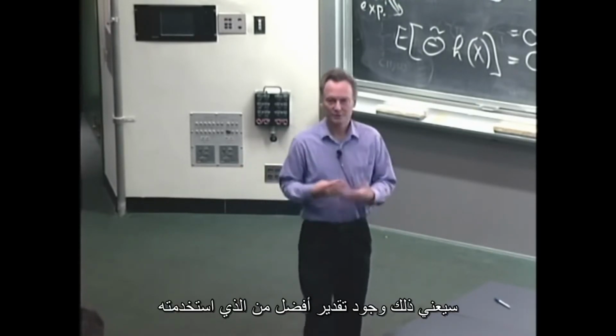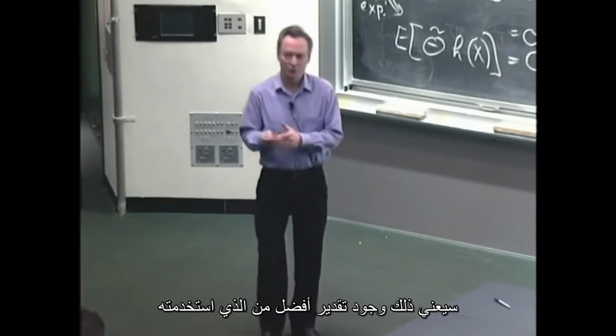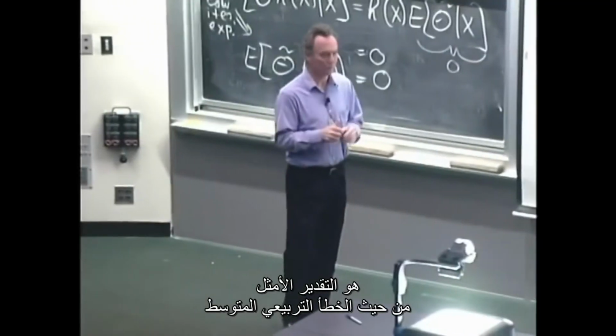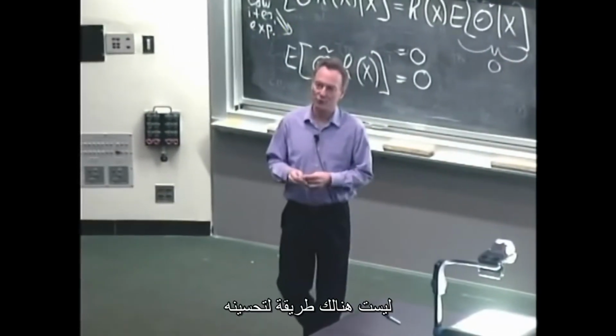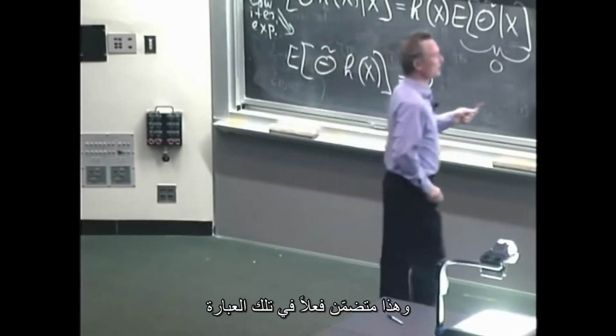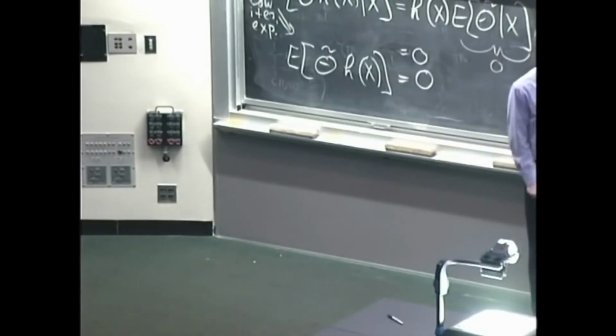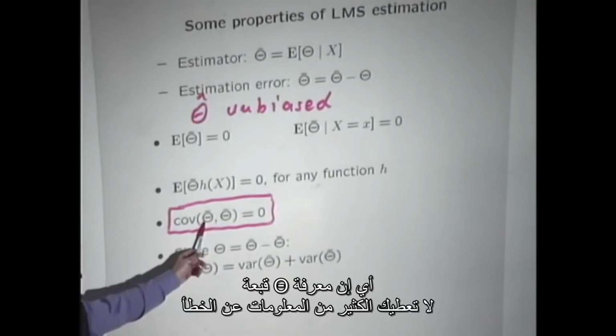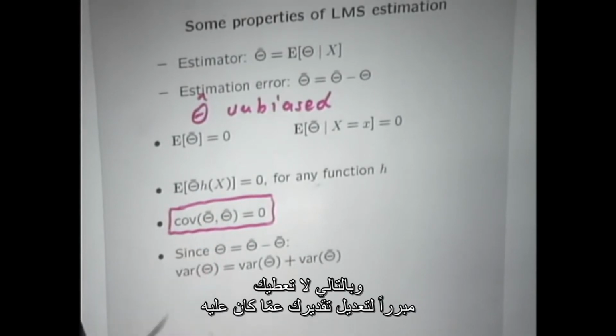That would mean that there's a better estimate than the one you used, but the estimate that we are using here is the optimal one in terms of mean squared error. There's no way of improving it, and this is really captured in that statement. That is, knowing theta hat doesn't give you information about the error and gives you, therefore, no reason to adjust your estimate from what it was.